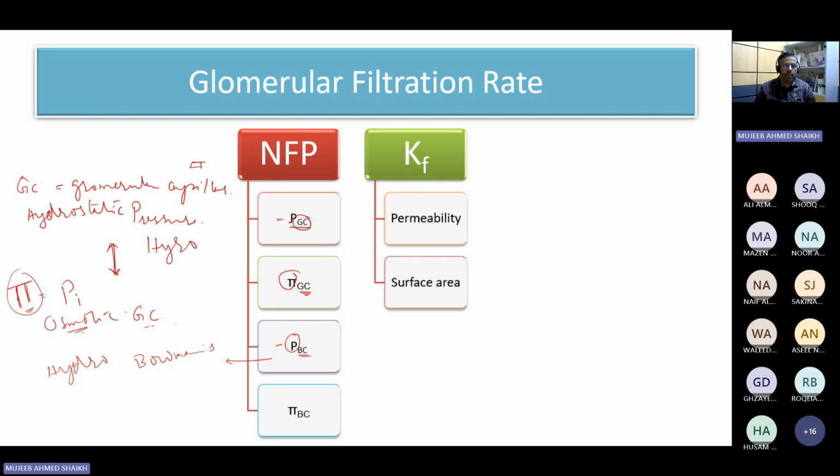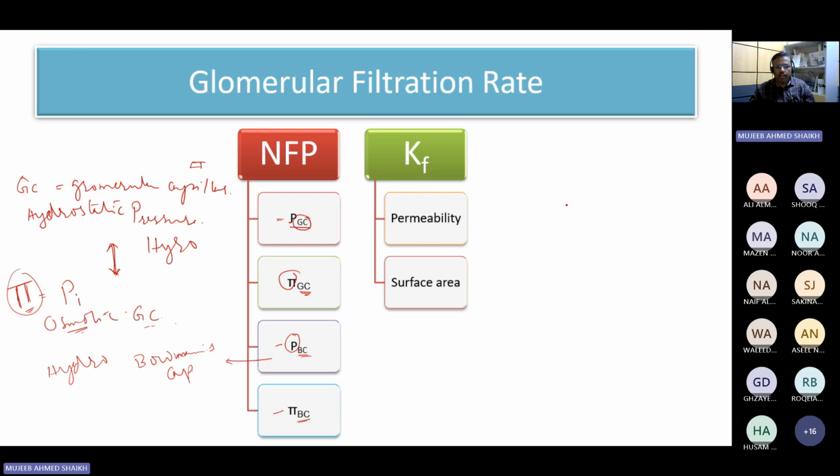You are making my life easy. Again, the pi is the force that prevents the filtration, and it is called colloidal osmotic pressure. Same thing, pi, but in Bowman's capsule now.